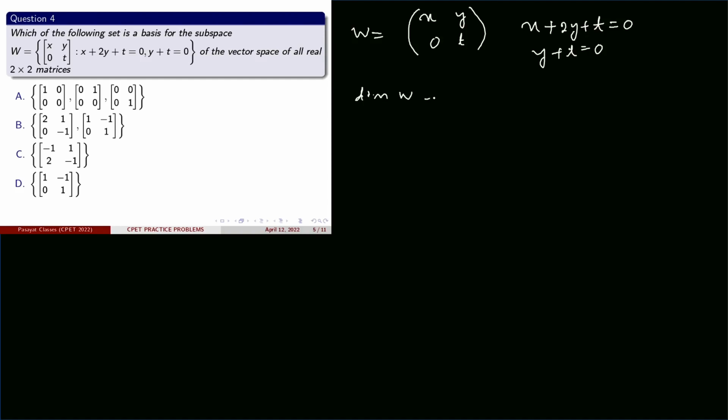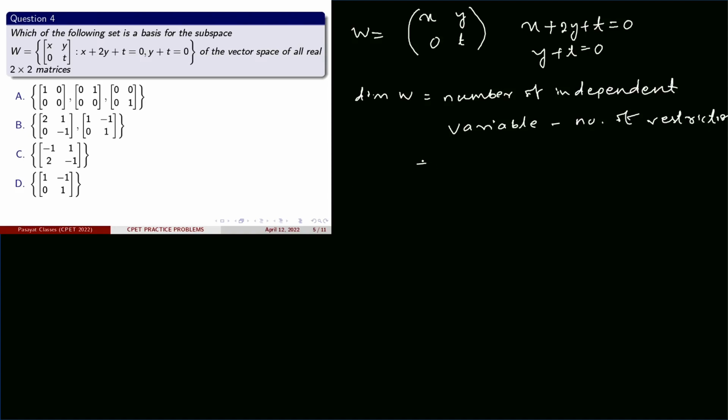dimension of W is equal to number of independent variables minus number of restrictions. So here the number of independent variables is three, that are x, y and t.